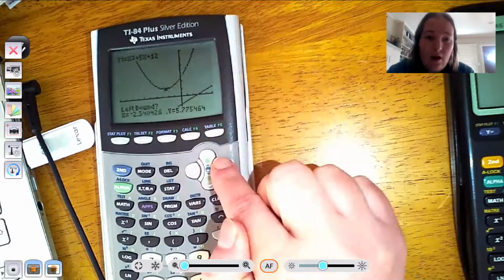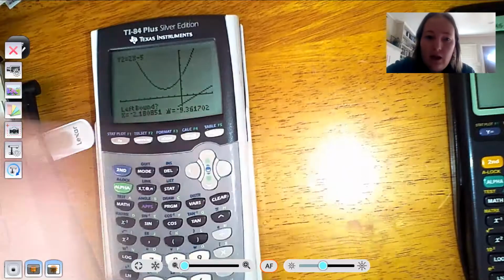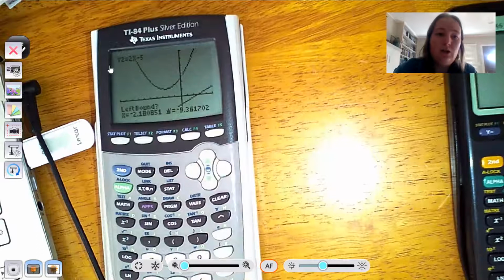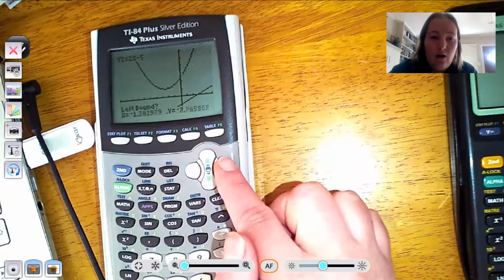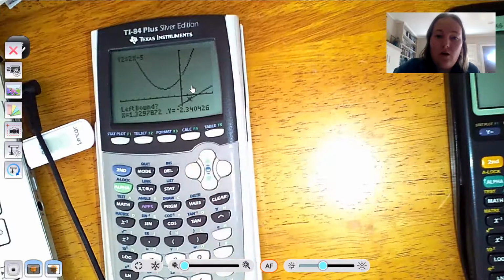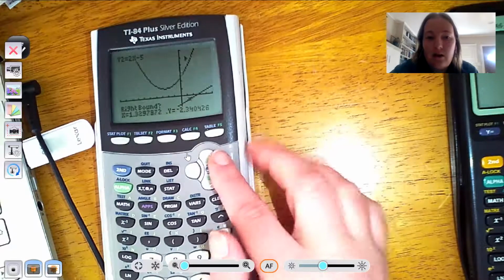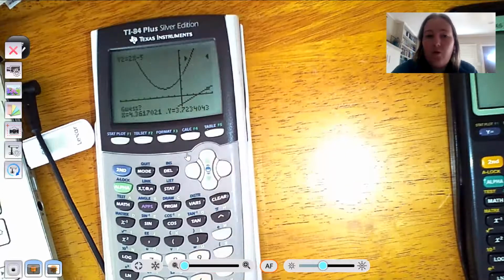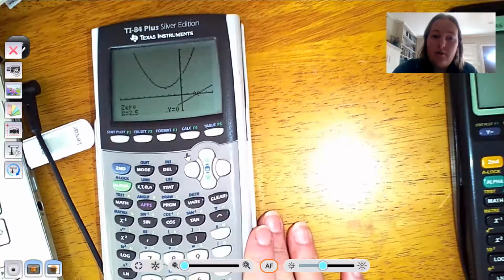So I hit the down arrow, and you can see it's blinking right around here, but it's on the second line, and it tells you which line you're on. y2, the second one, and I can hit arrow over, and I want to say, well, on the left side of the 0, the intersection here, enter. Now I'm going to go to the right side. So mainly you're going to follow prompts. And so this is intersecting at 2.5 comma 0.